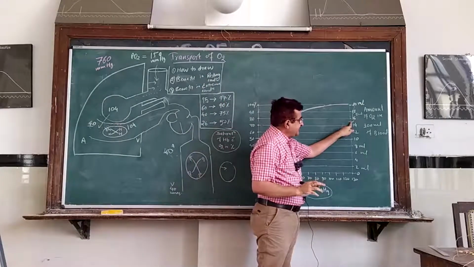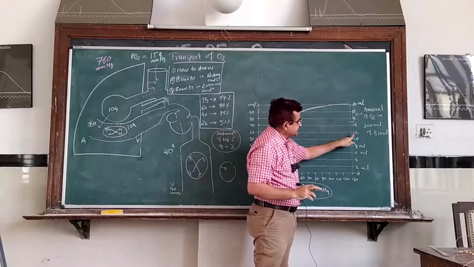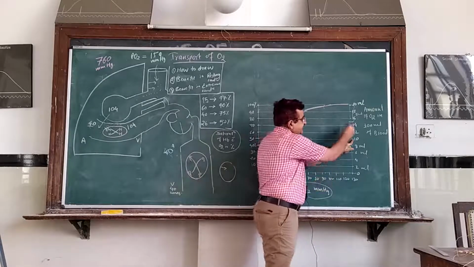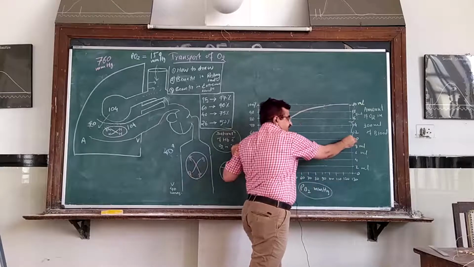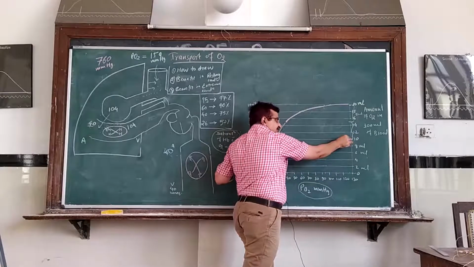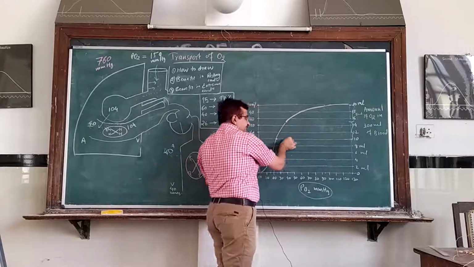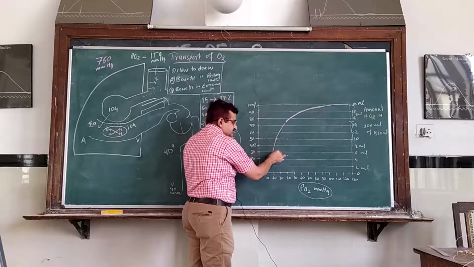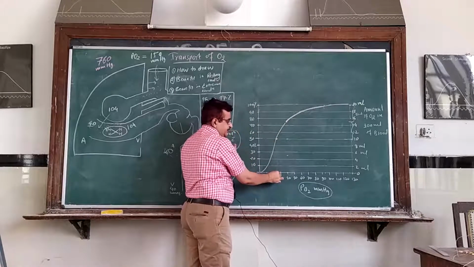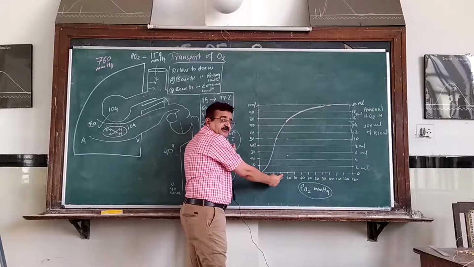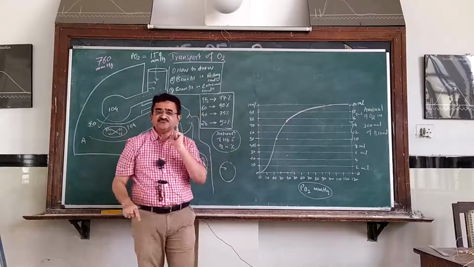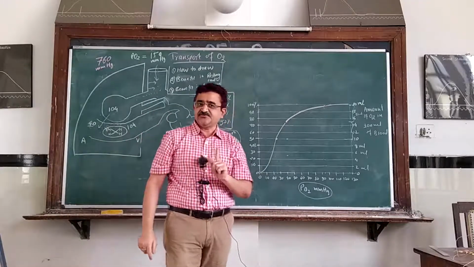The need is 5 ml of O2, that is 15 minus 5, so at that state you have to take this value down to 10. So when that 5 ml is to be delivered, at 10 ml of O2, how much is the PO2? PO2 has fallen to 25 millimeter of mercury.